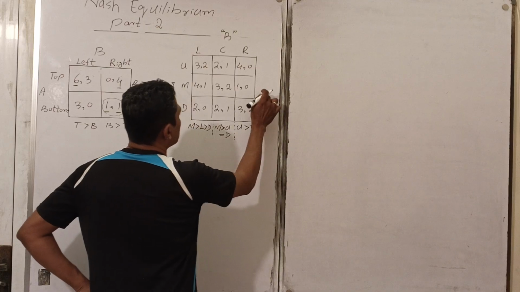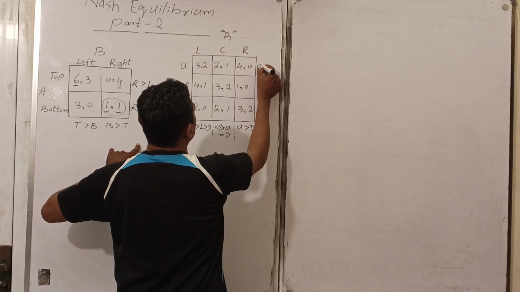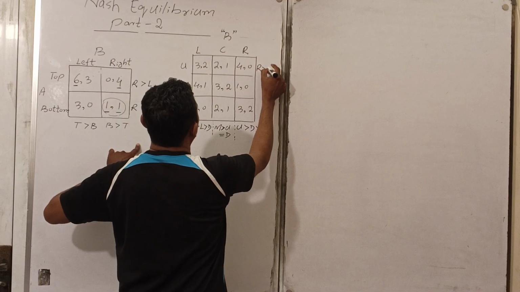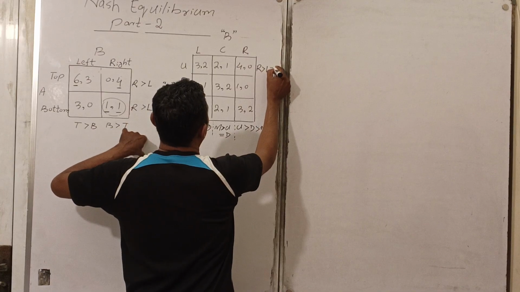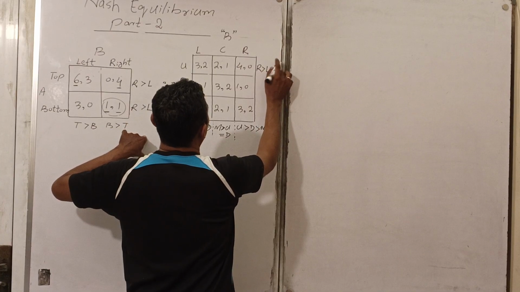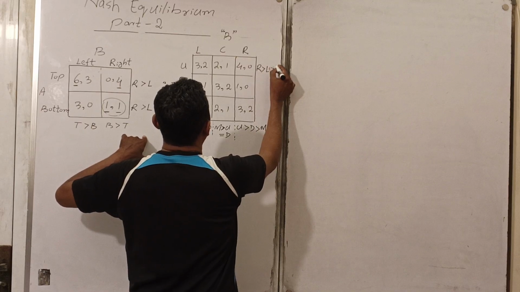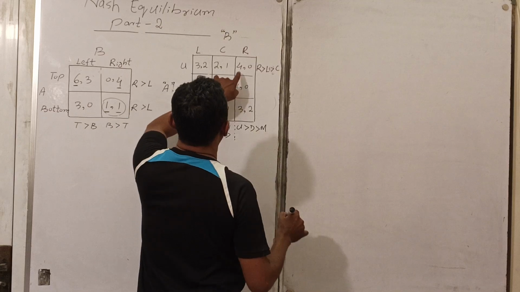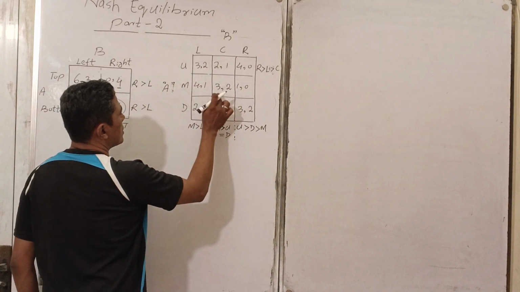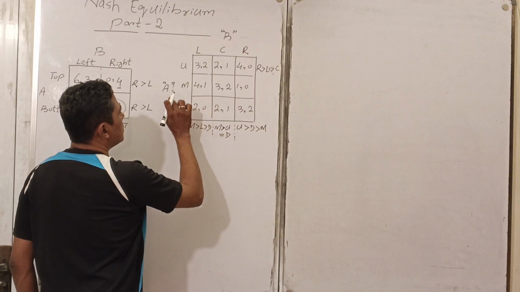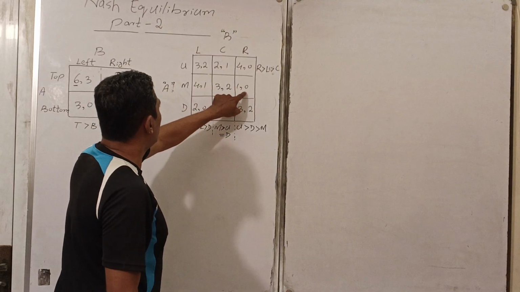Okay, look at this one here. R is better than L, L better than C. Okay, this one, 4 2 1. Now here 3 1 0.